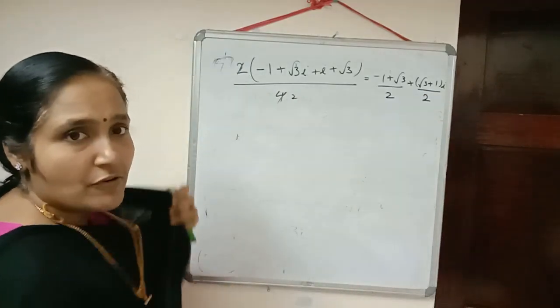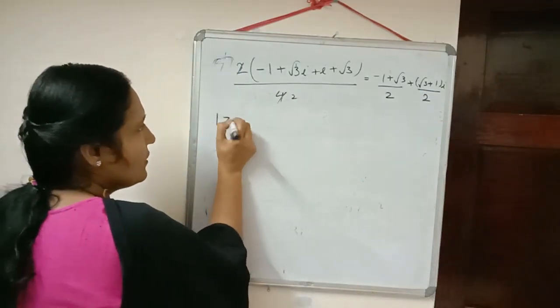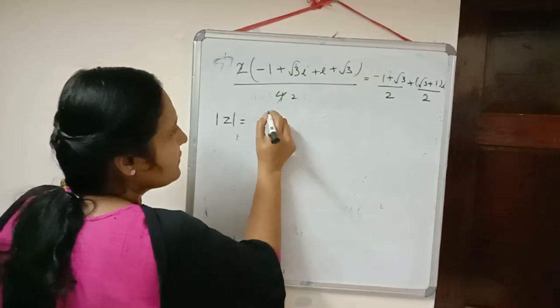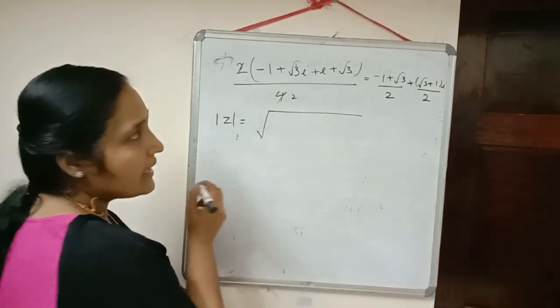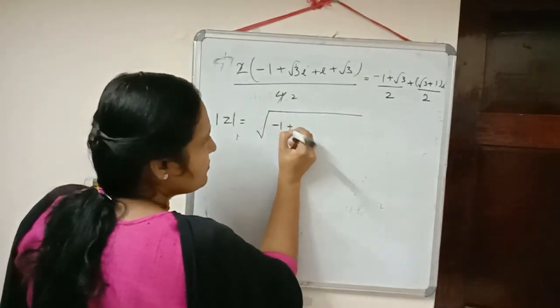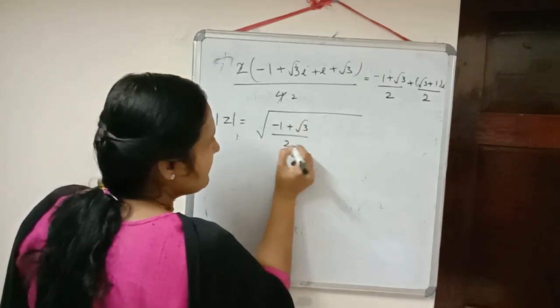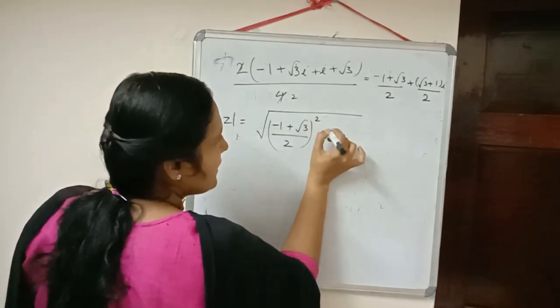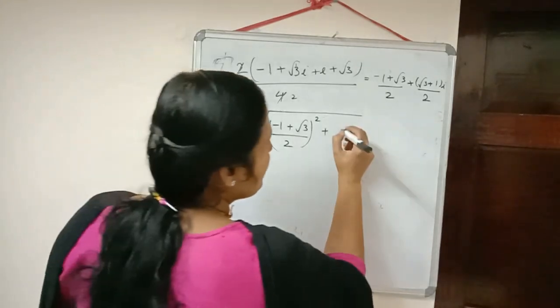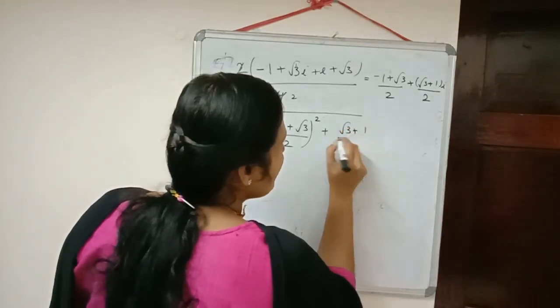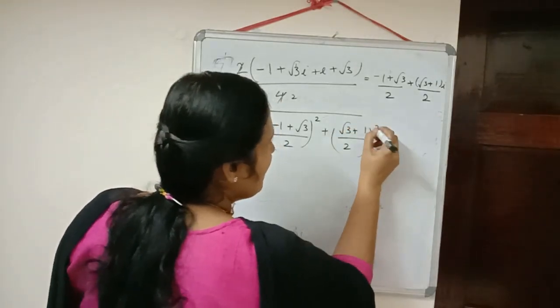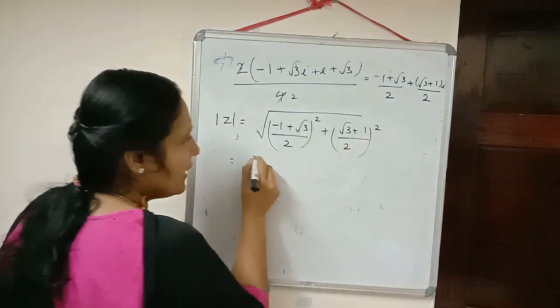Now first what we have to do? We have to find out the modulus there. So mod z is equal to square root of real part the whole squared, so (minus 1 plus root 3) by 2 the whole squared, plus imaginary part the whole squared, (root 3 plus 1) by 2 the whole squared.